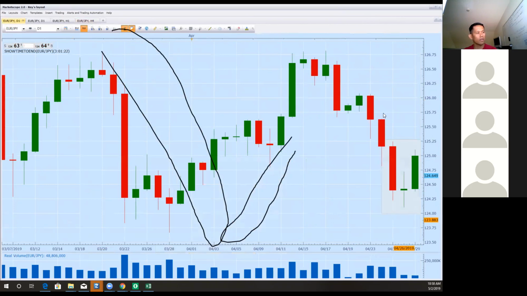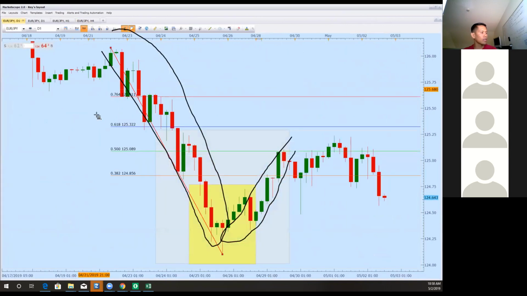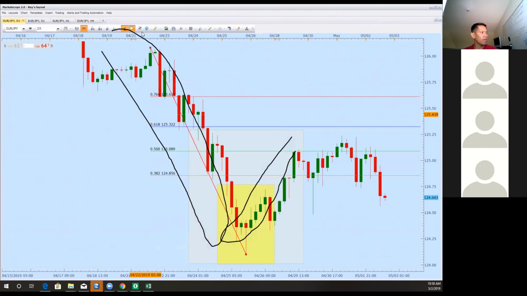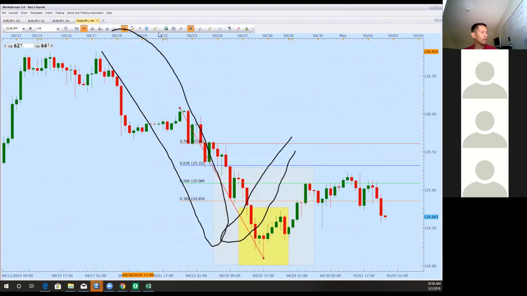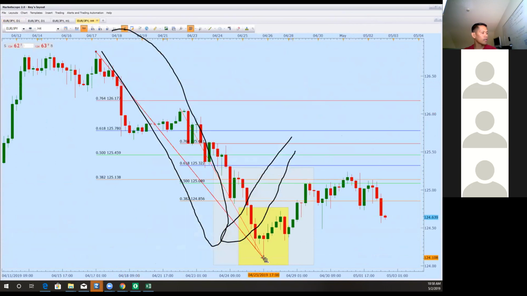This one is a minor impulse, but if I'm dealing here with the major one, if I use another fib from there to there, 38.2 percentile.